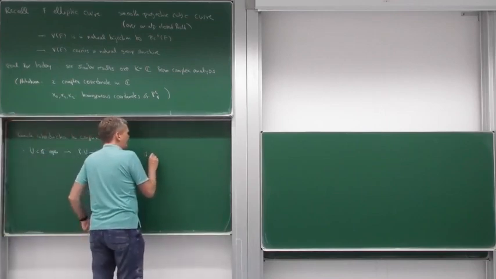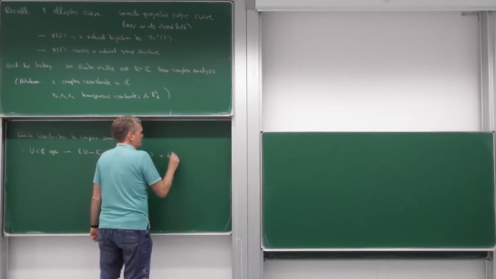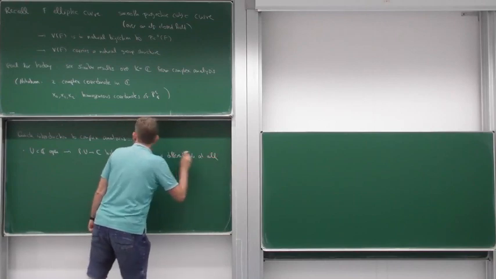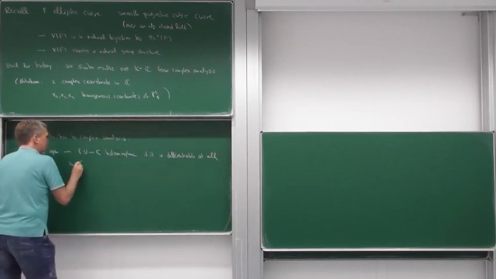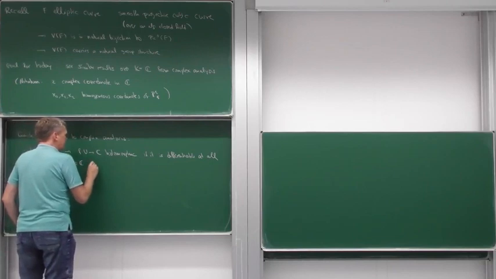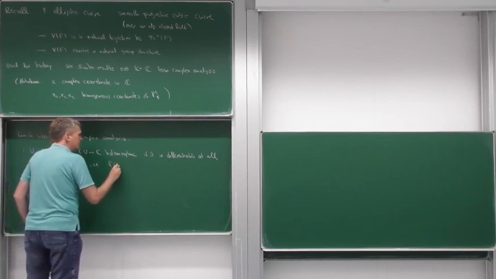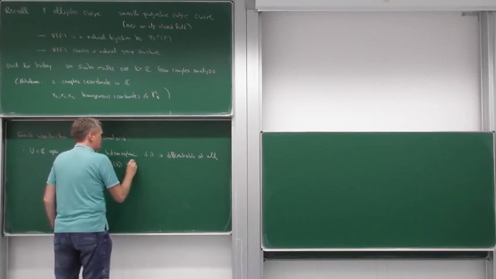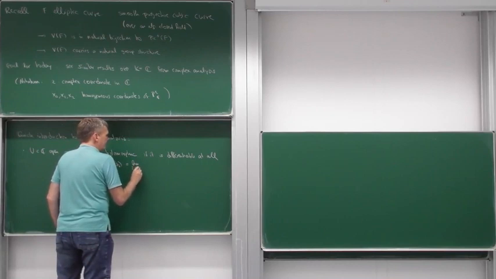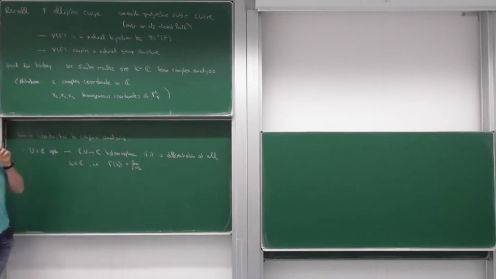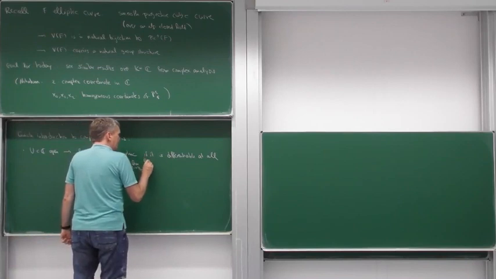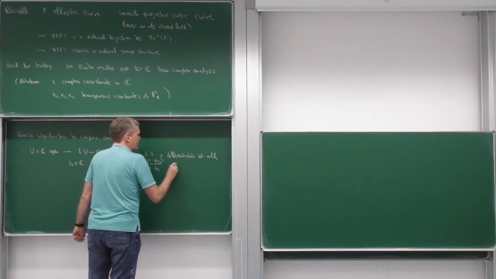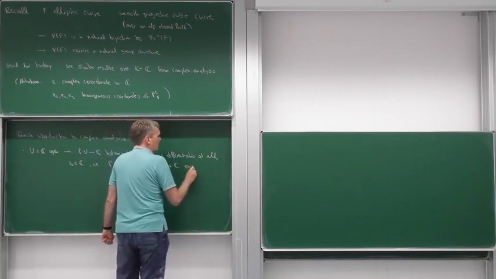If it is differentiable at all points z0 in U, which means complex differentiable, and that means just that the usual definition applies, so that the derivative f prime of z0, defined as the limit of z going to z0, which is a two-dimensional limit in the plane, of f of z minus f of z0 over z minus z0, exists as a complex number at all points.